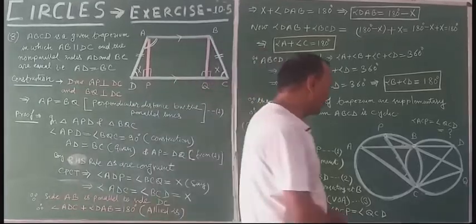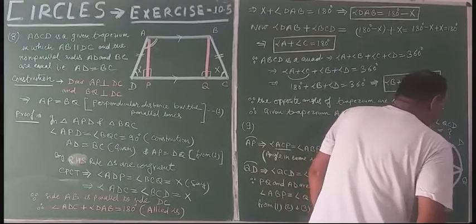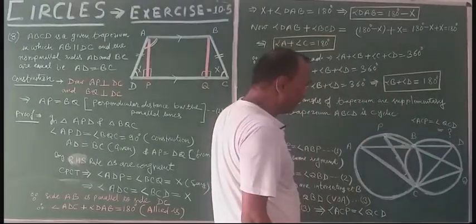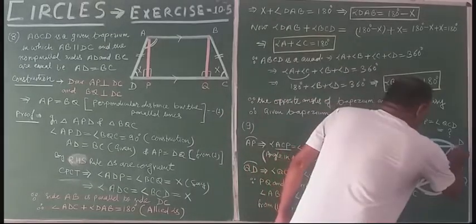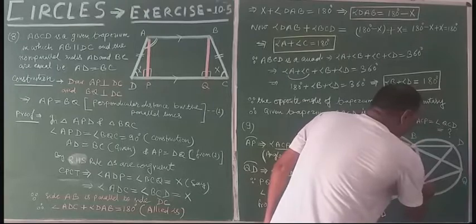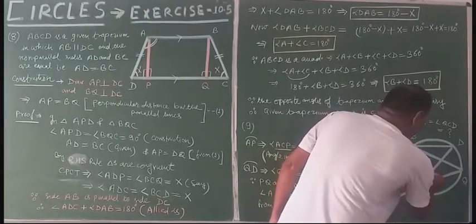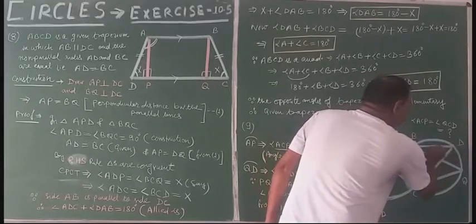Now just look at this arc QD and look here. Angles subtended by this chord, this arc QD. One is this one, and one is this.